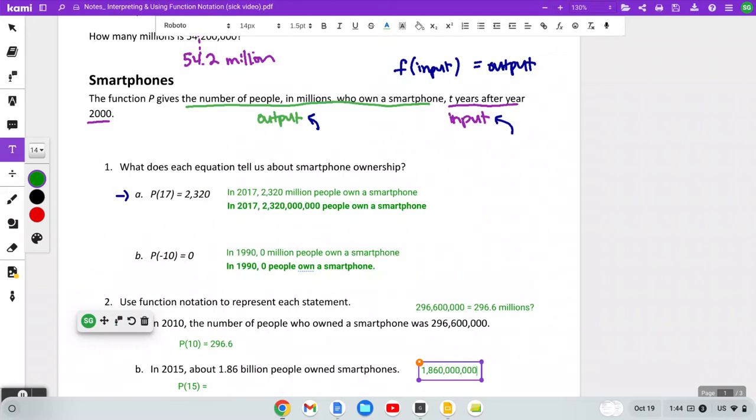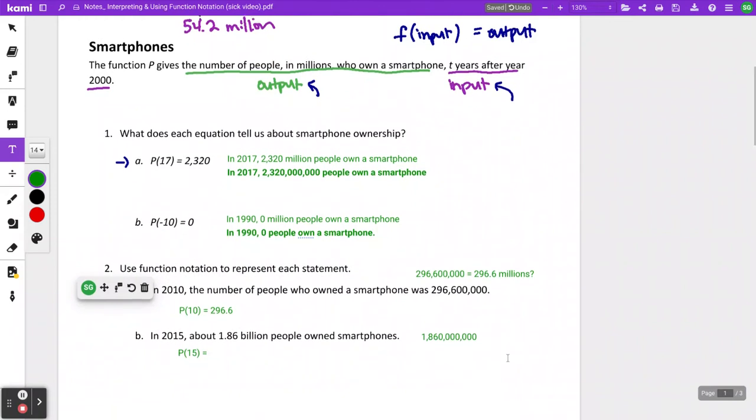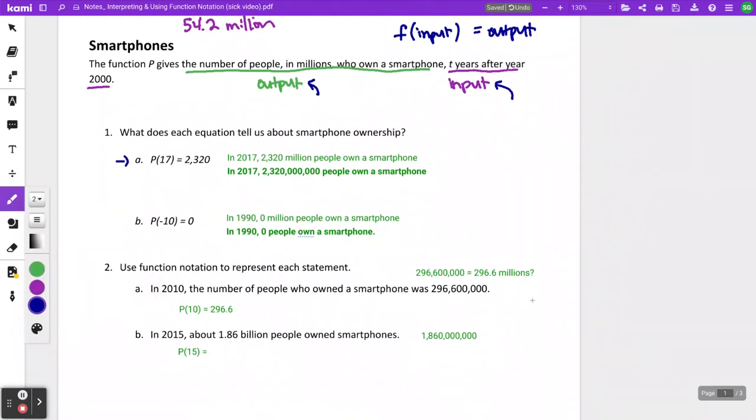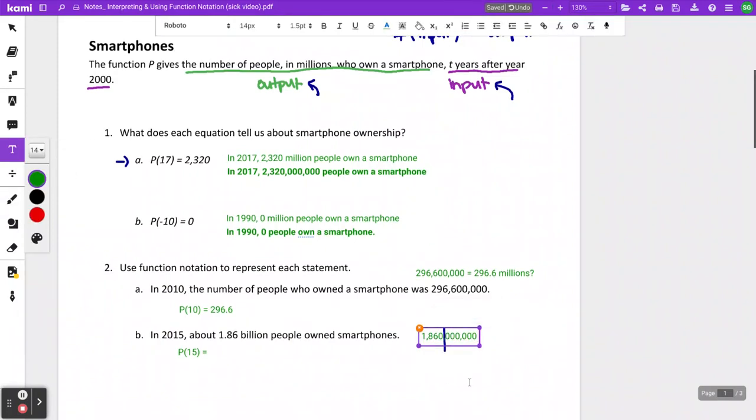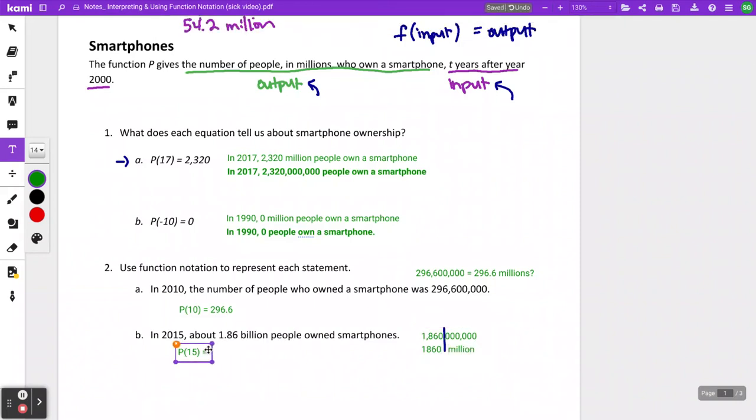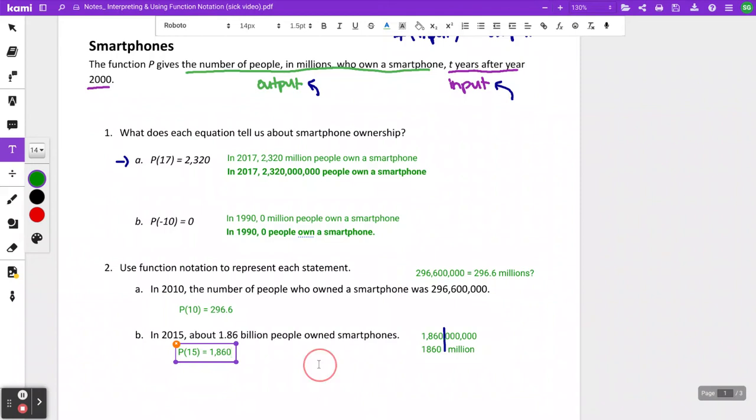So if I wanted to change that into millions, again, I'm really trying to focus on what comes in front of those 6 zeros. And so that would be the number 1,860 million. So my output right here would be 1,860.